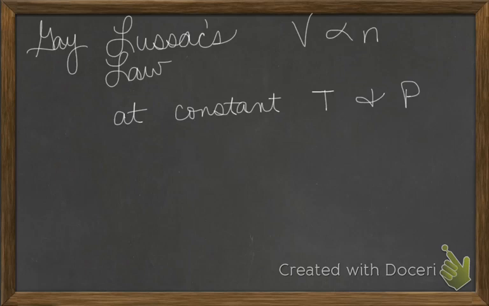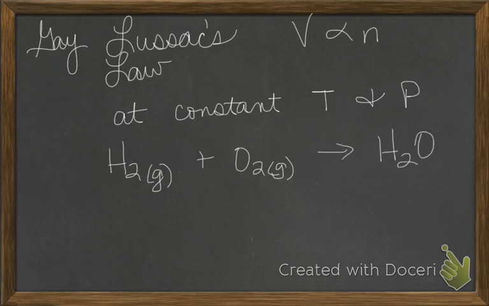For example, if we look at the reaction of hydrogen gas and oxygen gas to produce water, and then we look at balancing that equation, we see that this is the balanced equation.